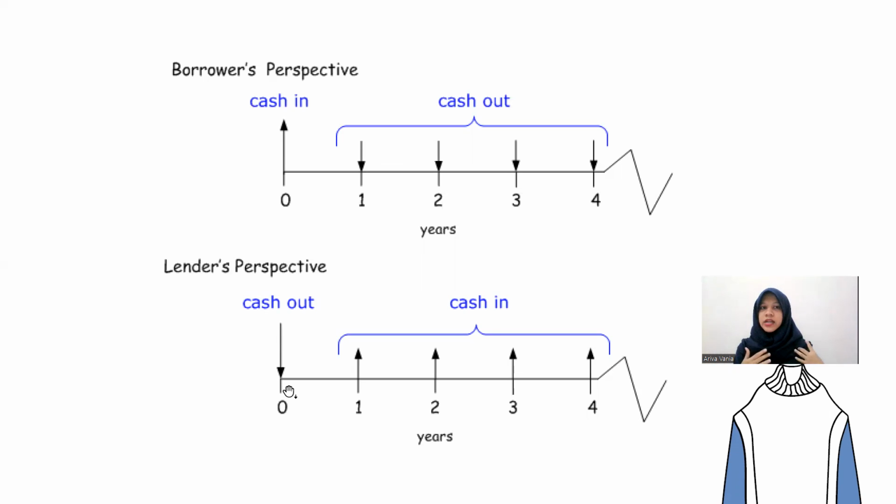Why cash out? Because they lent their money to us, so they have spent their money for us. Next, in the next period, the borrower needs to pay back the money that they borrowed, so they have a cash out, and the lender's perspective has a cash in from the borrower.